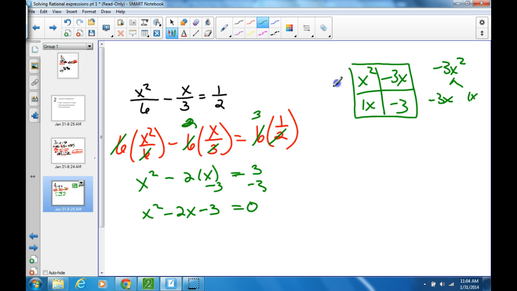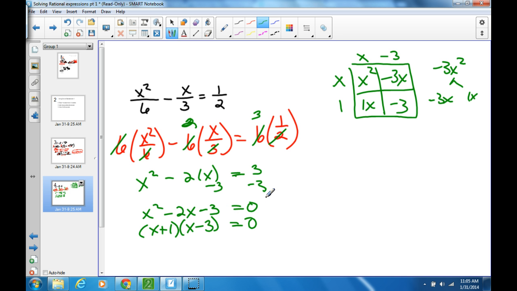So I can factor out an x from the top row. The bottom row, they don't have anything common except for 1. Left side, we have an x, and the right side, we have a minus 3. My two factors are x plus 1 and x minus 3 equals 0.